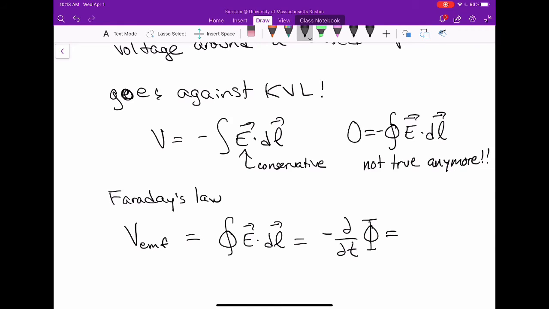So if I were to write that out, it would look like minus d/dt of a surface integral of B dot dS. And this surface is the surface that this contour is the boundary of.